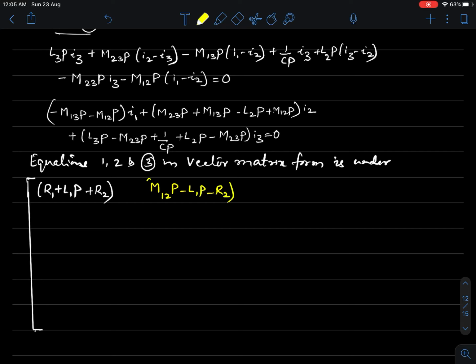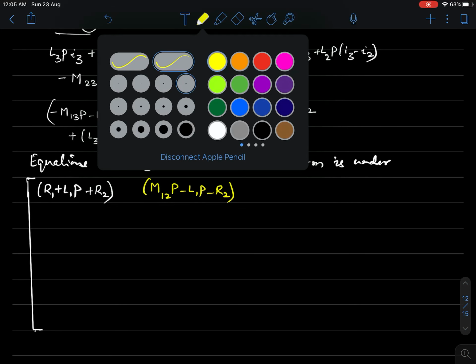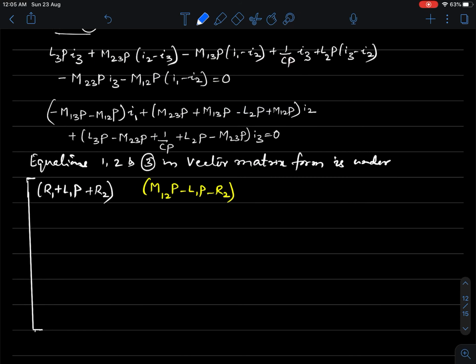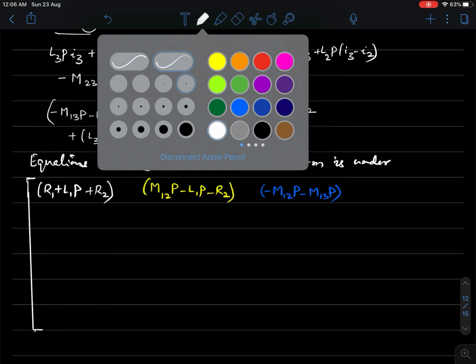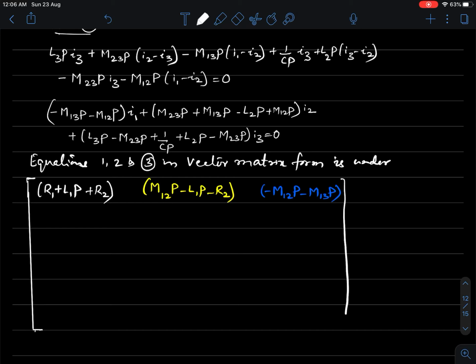This is the coefficient of I2 from the first equation, and the coefficient of I3 from the first equation is minus M12P minus M13P, so that I can complete the first equation.